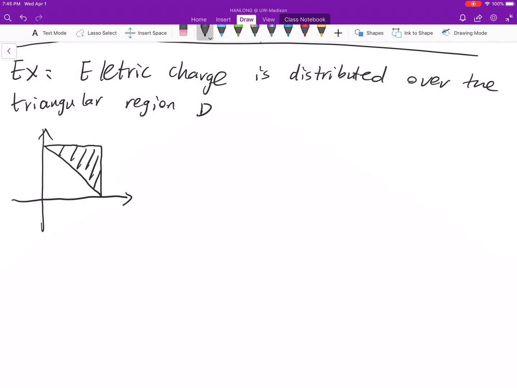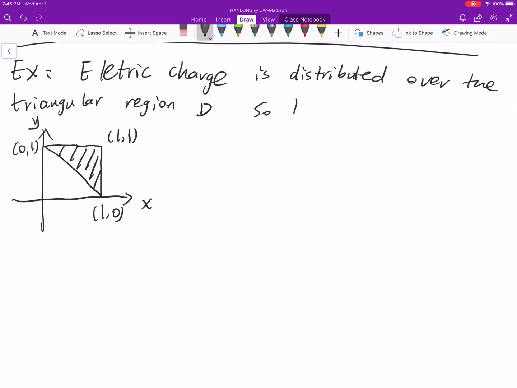You have x-axis, y-axis, and the three vertices are as follows: (1, 1), (0, 1), and (1, 0).